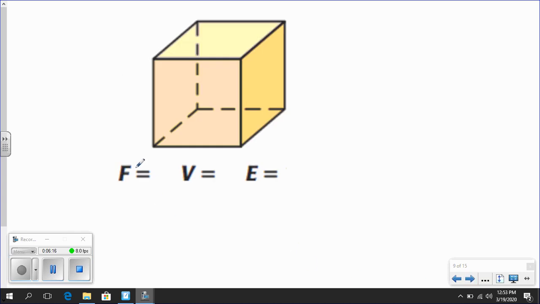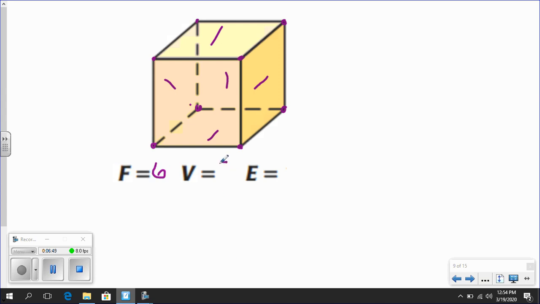Faces. Let's start there. Well, let's count. We have a face here. We have a face on the side here, up top, the other side, and the bottom. We already counted the front one, so we're going to have to count the back. So that is 6 total faces. Vertices, well, 1, 2, 3, 4, 5, 6, 7, 8.